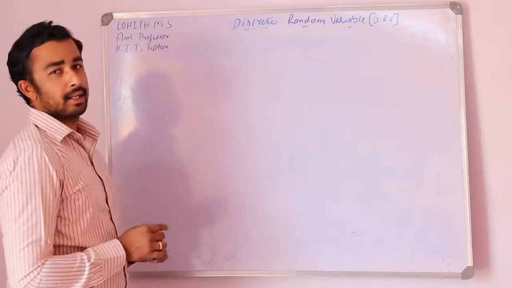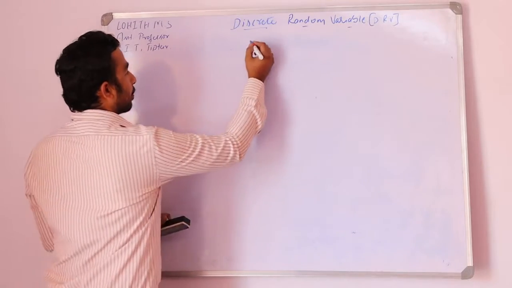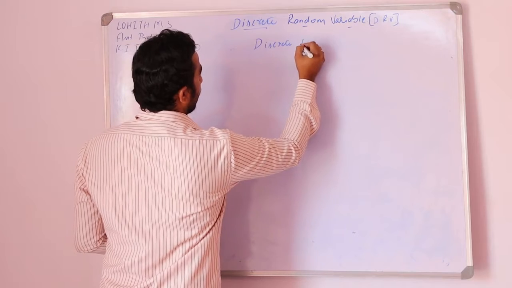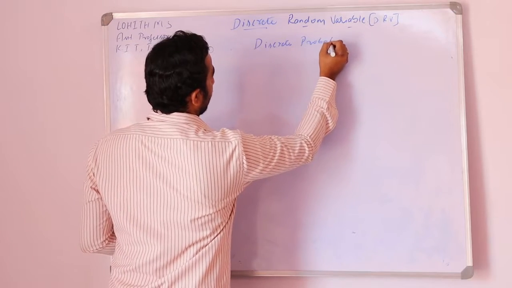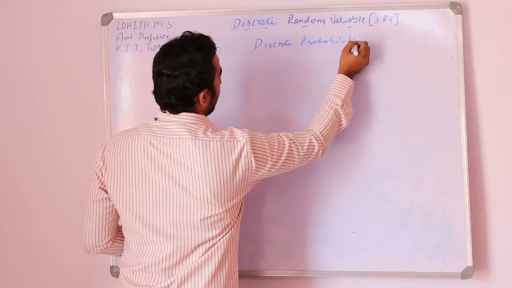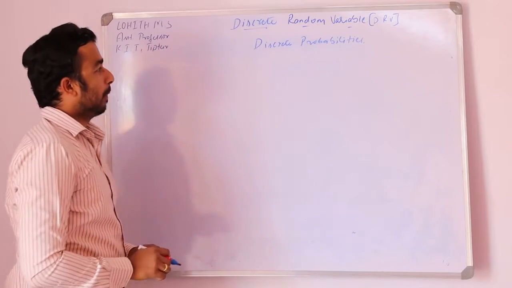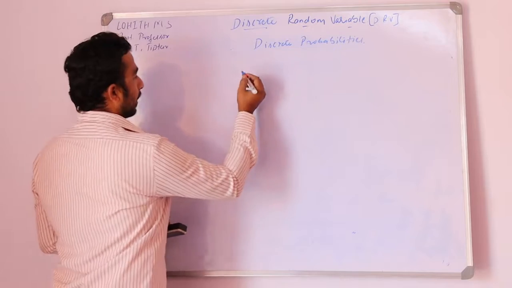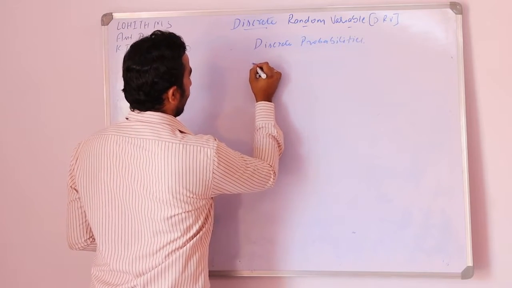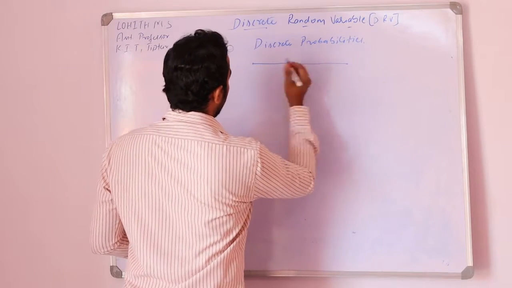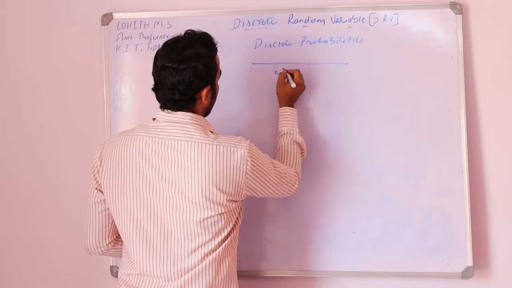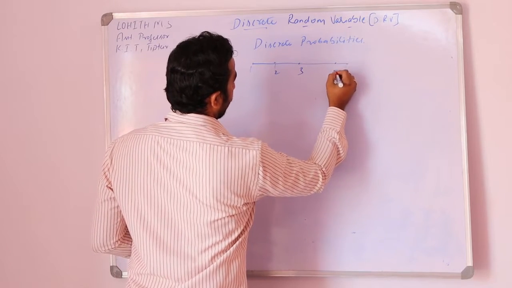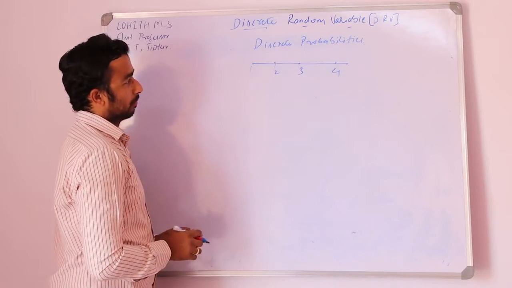Now here in a discrete random variable, it has discrete probabilities. So I can write an example for this: 1, 2, 3, 4. This is a discrete random type.